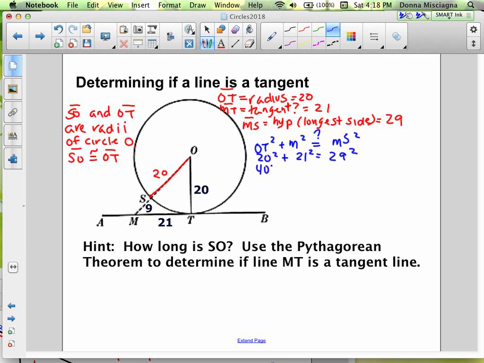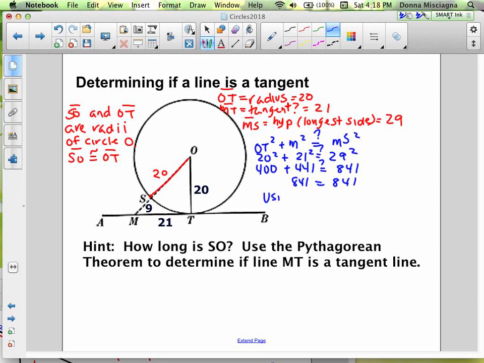That's 400. That's 441. 29 squared is 841. Hey, one worked. So 841 does equal 841.